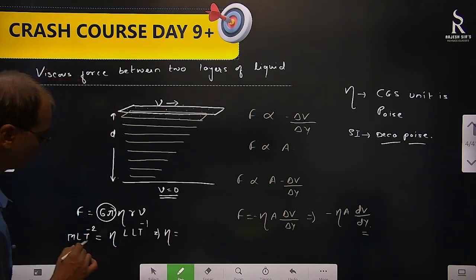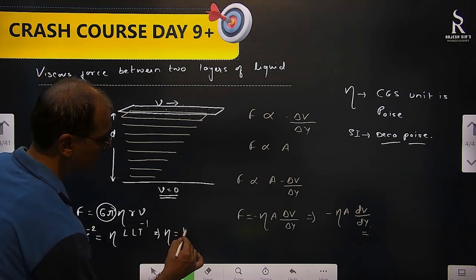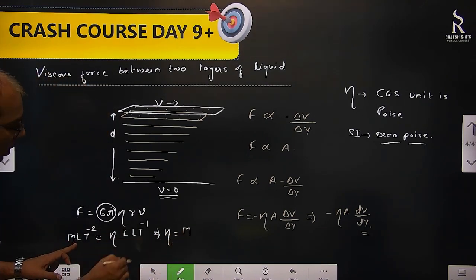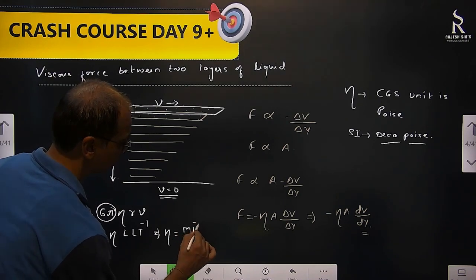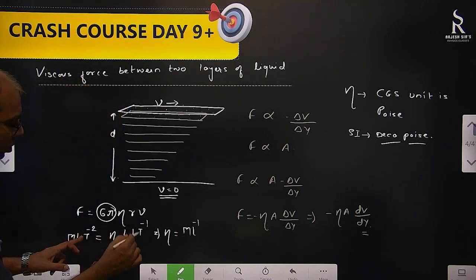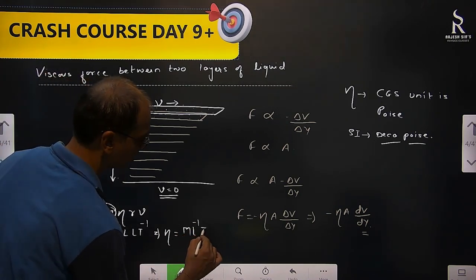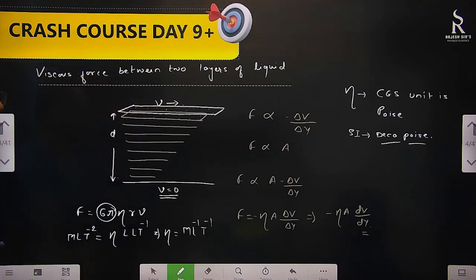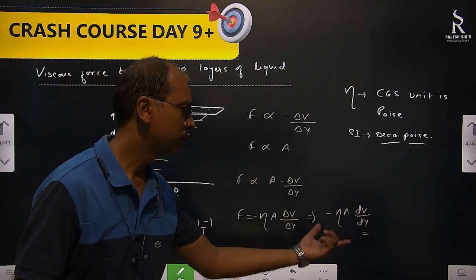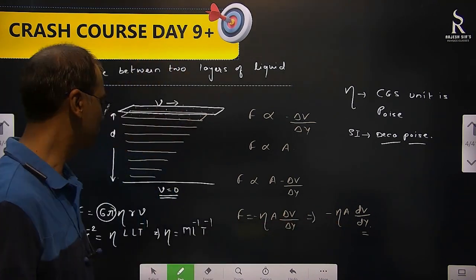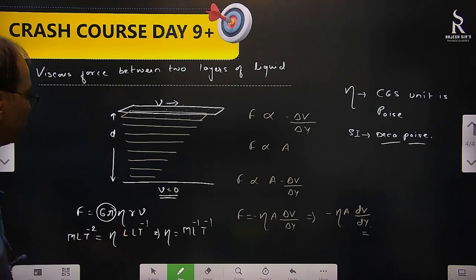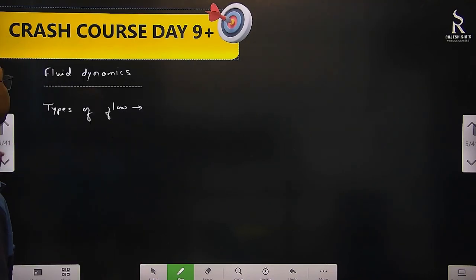Eta's dimensions are, only one M is there, so M. Here is L, here is L square, so L minus 1. Here is T minus 2 by T minus 1, so T minus 1. So dimensions are M, L minus 1, T minus 1. Okay, so new formula we got for viscous force between the layers of liquids, and these are the dimensions, right?